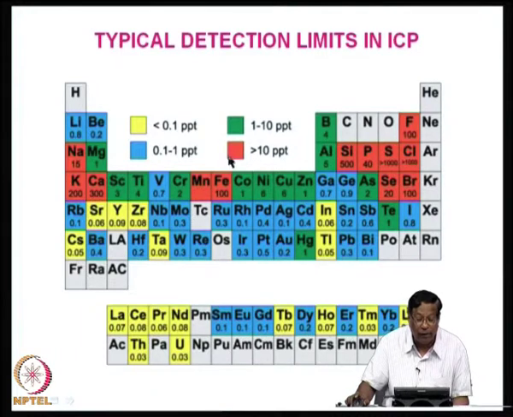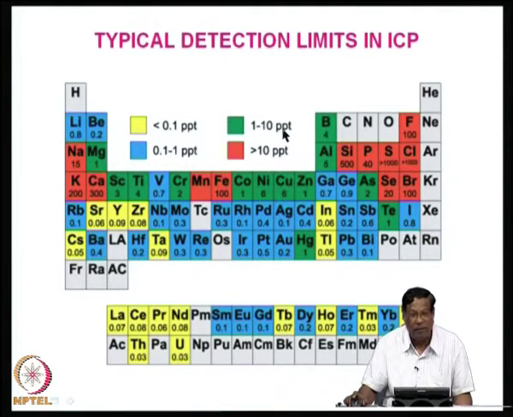You can see that for most of the elements marked red, it is possible to determine these elements in the 10 parts per trillion, 10 ppt range, and the green ones, that is magnesium, scandium, titanium, etc., chromium 1 is here, another 4 are here, boron, aluminum, arsenic, tellurium and mercury, these are all marked green, and they can be determined in the range of 1 to 10 parts per trillion.